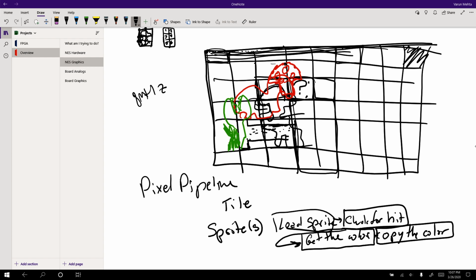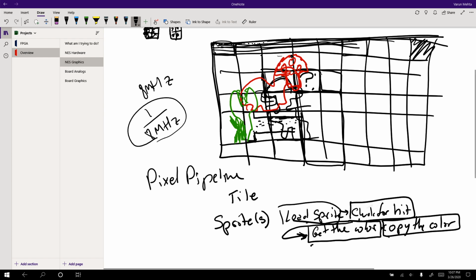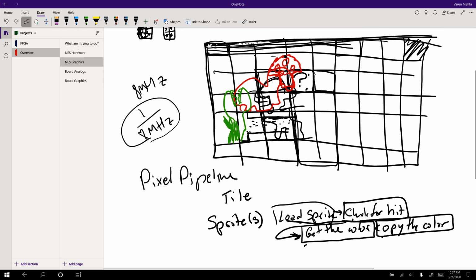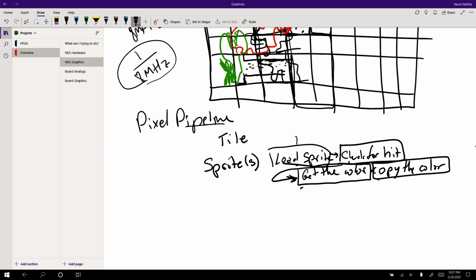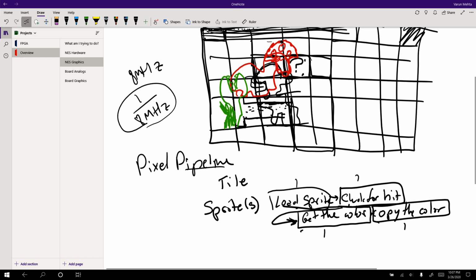I would have to double check, but I don't think that in 1 over 8 megahertz, which is a fraction of a microsecond, you're actually going to be able to do all of these operations. So actually, because it's a pipeline, you're going to do each of those things in one clock cycle, one tick of the clock. So it takes you 4 clock cycles to get an answer.